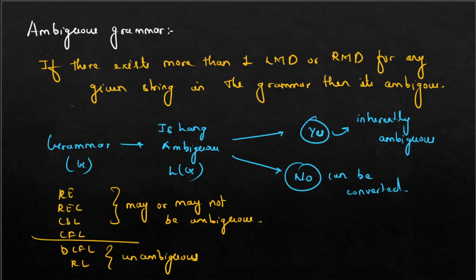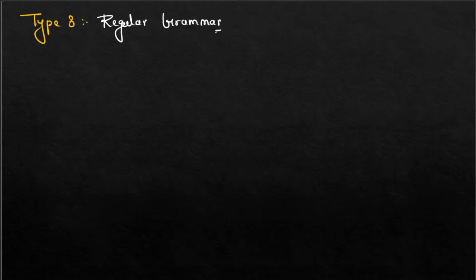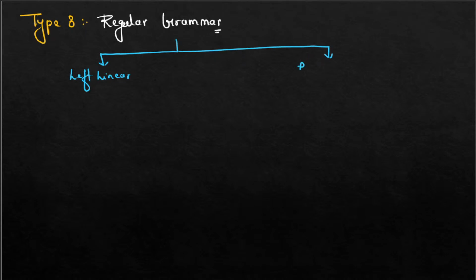Now let's discuss Type 3, which is regular grammar. It can be left linear or right linear.